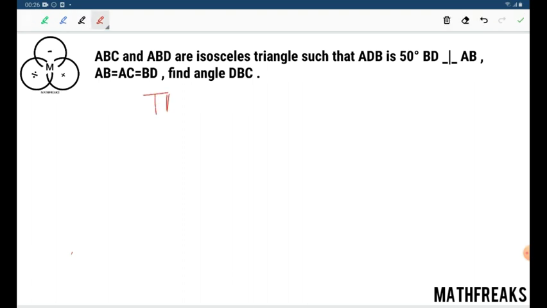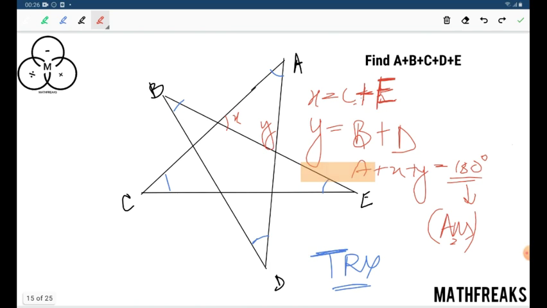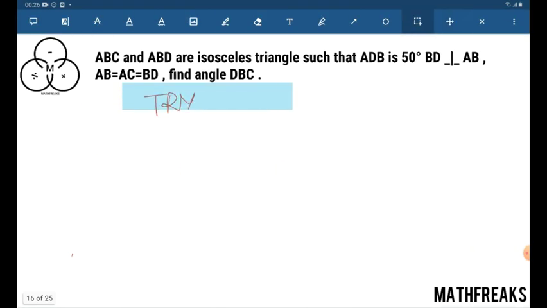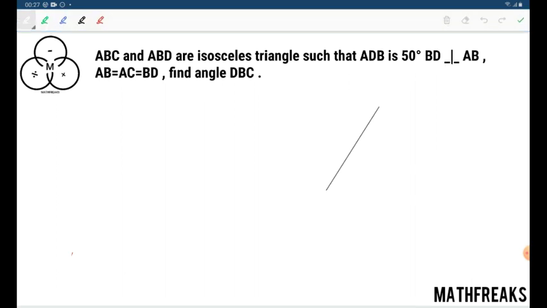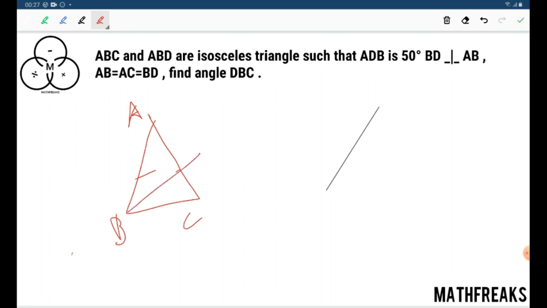Try this. AB equals AC, BD perpendicular to AC.